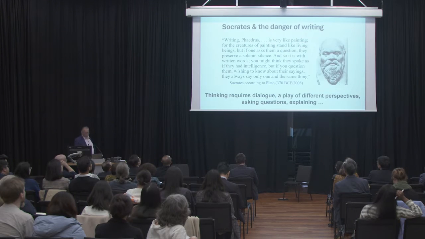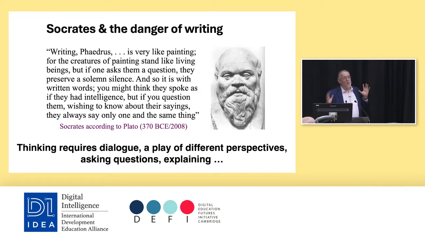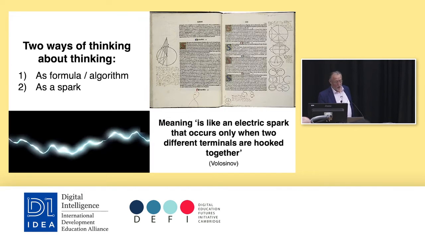As Louis mentioned, Socrates, who was very much an oral thinker, pointed out that writing isn't a very good idea. You read a speech, you sound clever. Real intelligence requires you to answer questions, to explain, to play across different perspectives, and you don't really get that with writing. Writing can tend to promote the idea of thinking as some kind of formula.